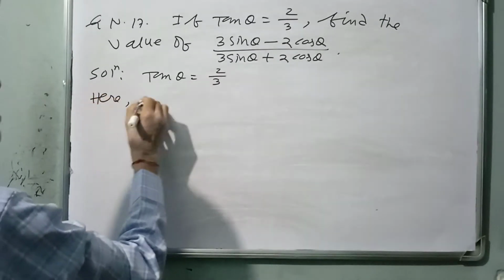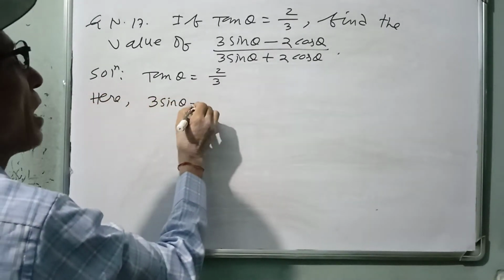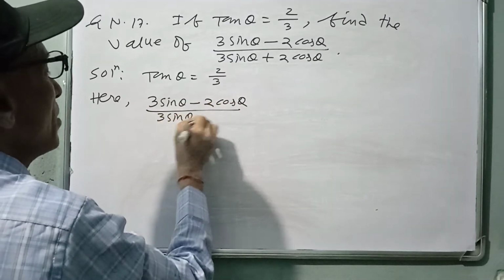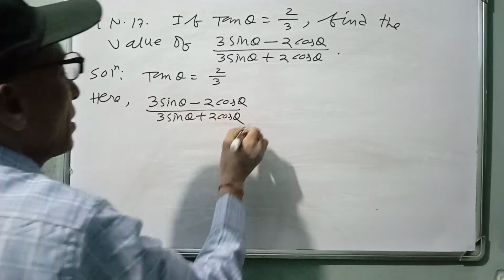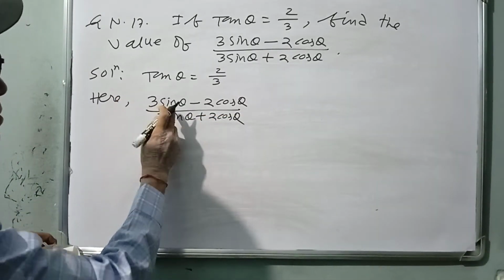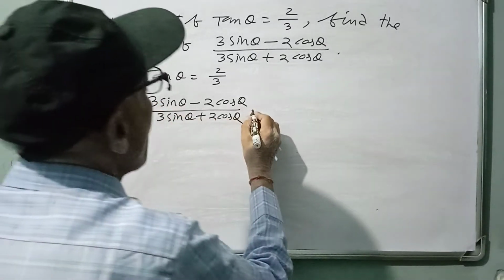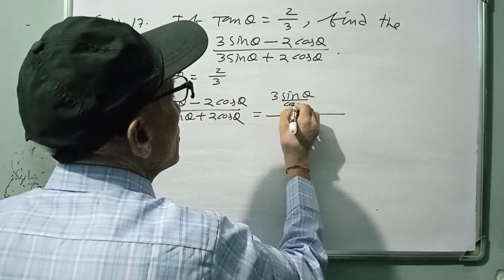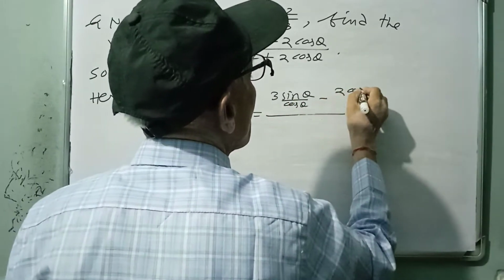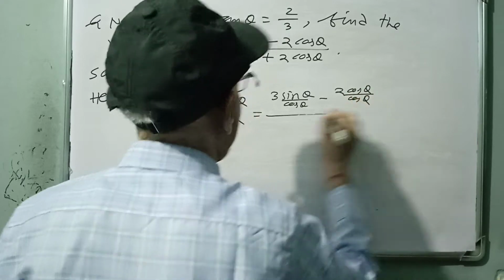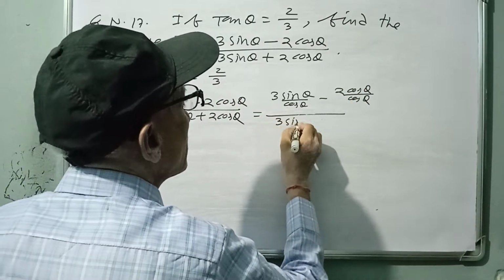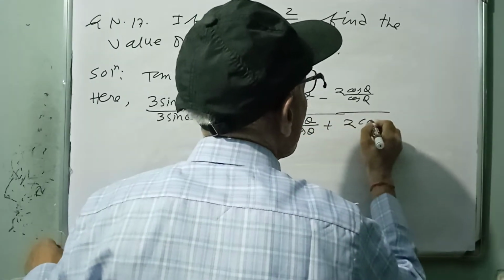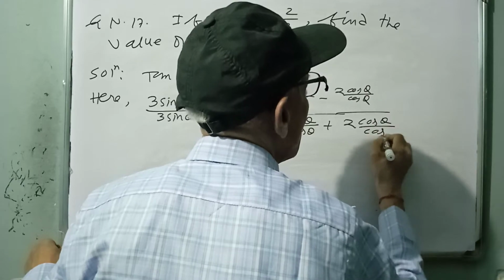Here, 3 sin theta minus 2 cos theta upon 3 sin theta plus 2 cos theta. How to get tan theta? Divide numerator and denominator by cos. 3 sin theta by cos theta minus 2 cos theta by cos theta, upon 3 sin theta by cos theta plus 2 cos theta by cos theta.